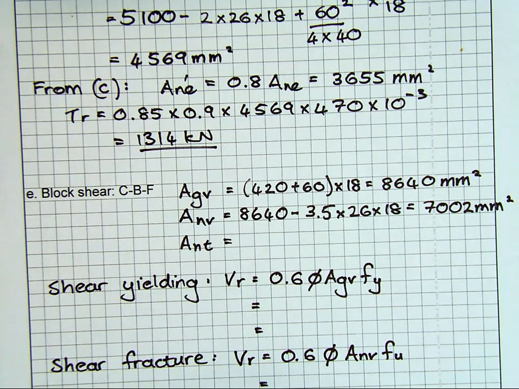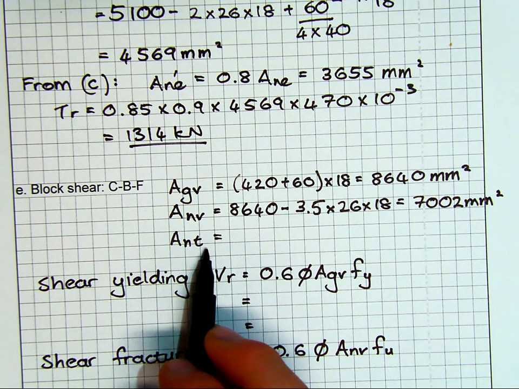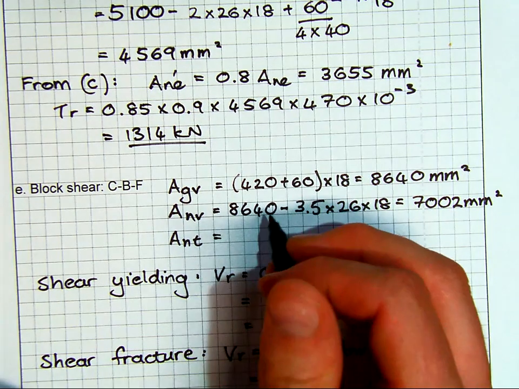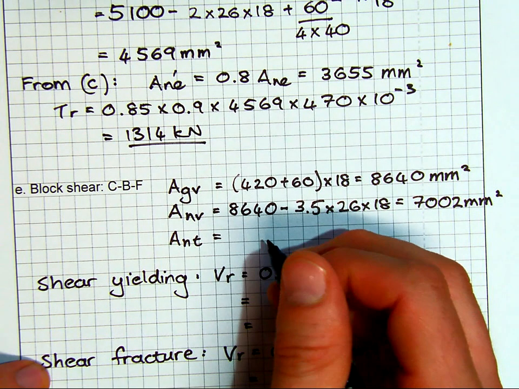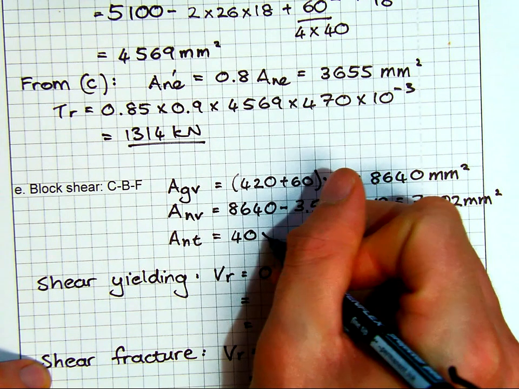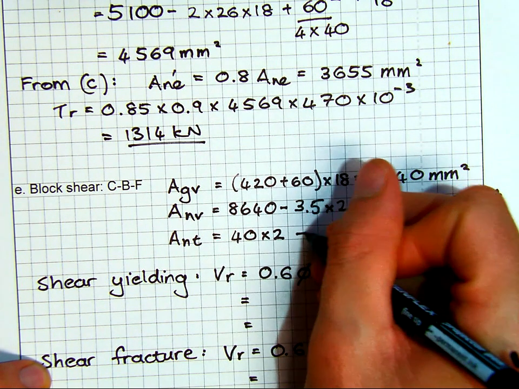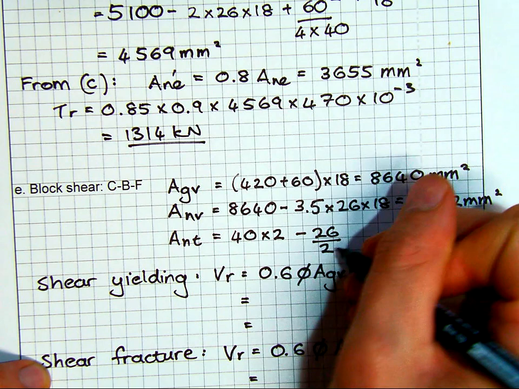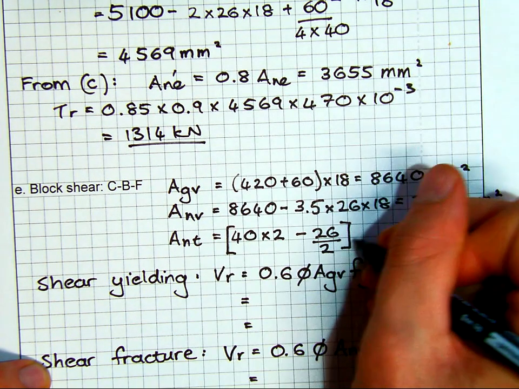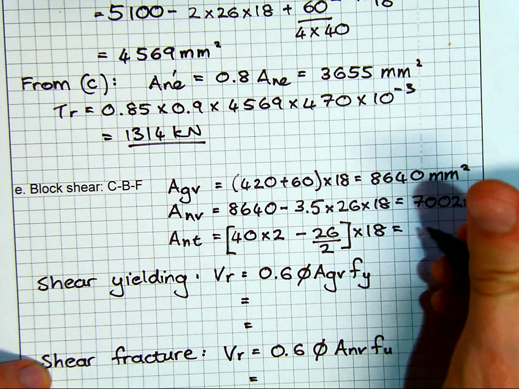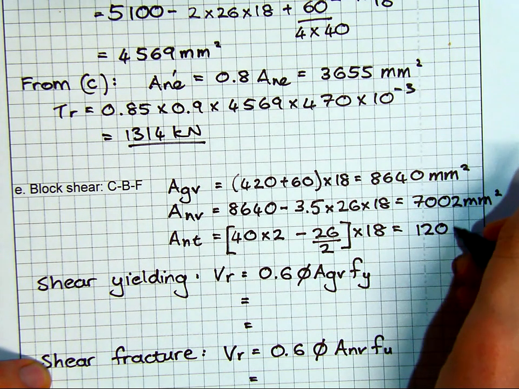And then once again we also need the net area in tension, so that is the small piece at the end, and that is just the width, 40 by 2 minus half a bolt hole, and this is all multiplied by the thickness, and we have our area.